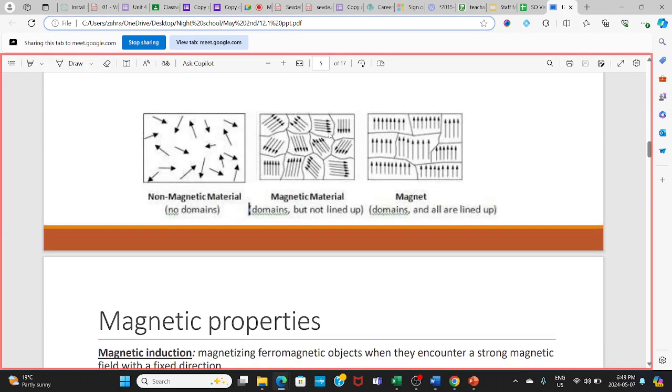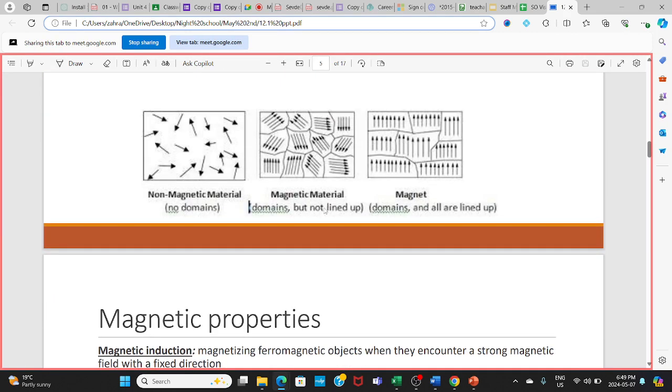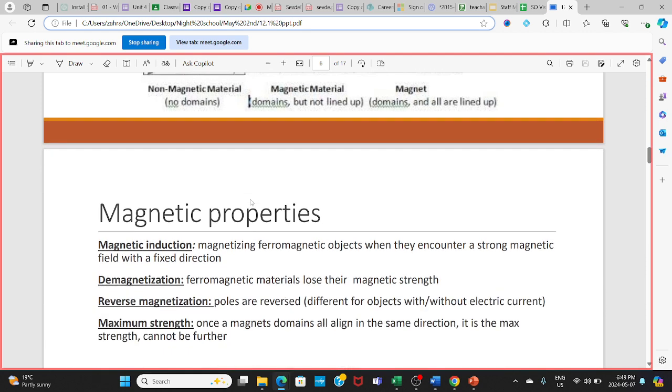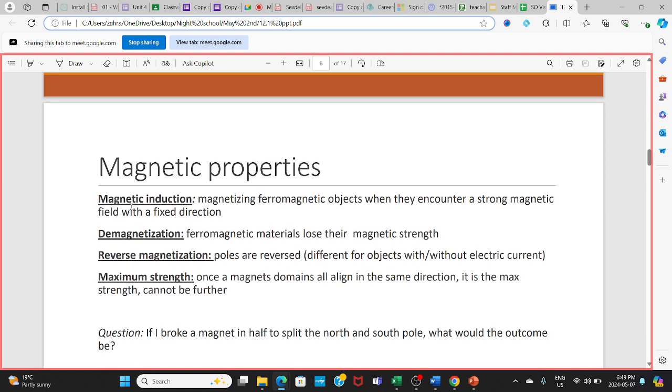I could give you a definition for one of those. You need to understand what a magnetic material is. Maybe you need to know about ferromagnetics.